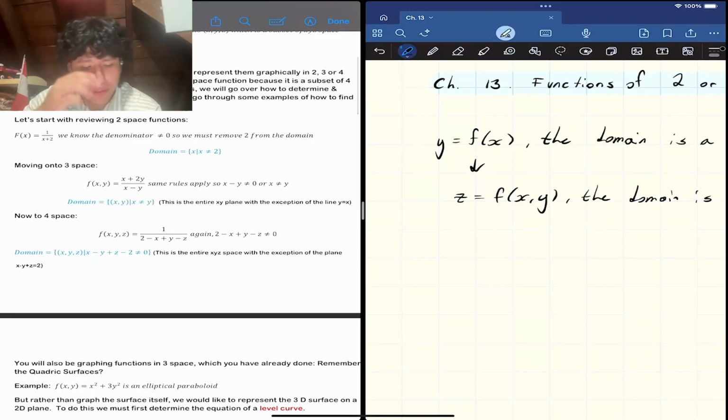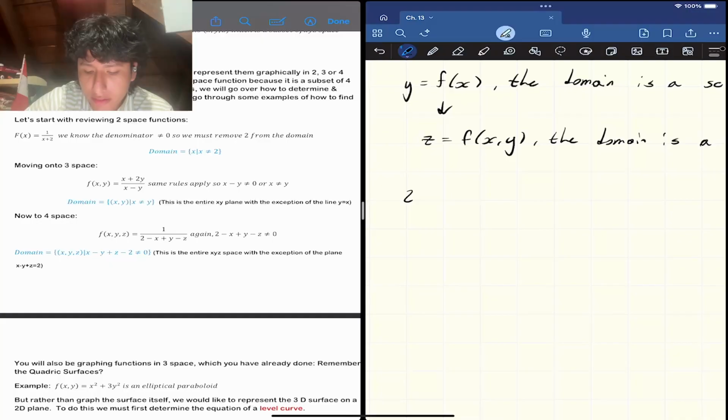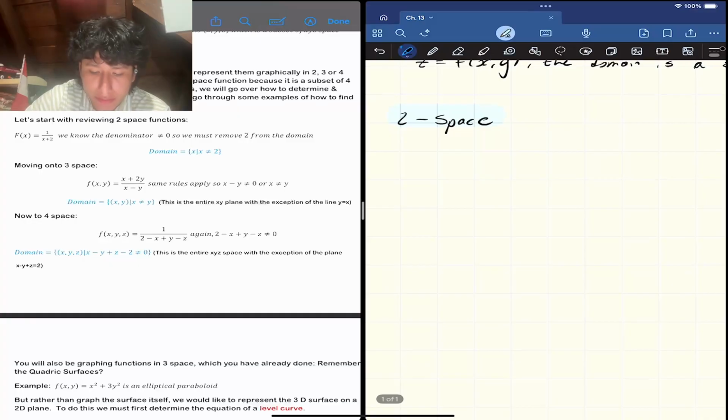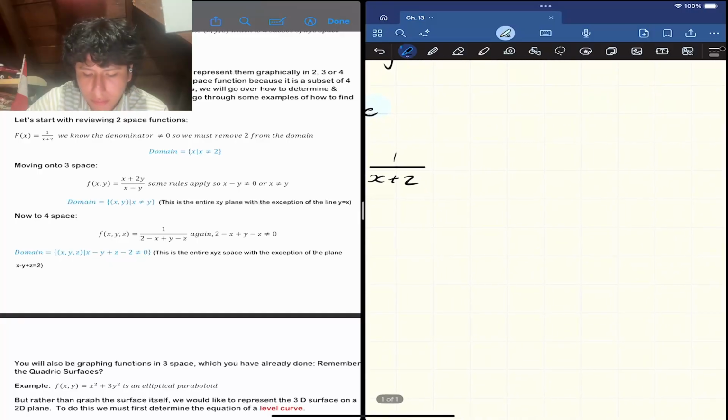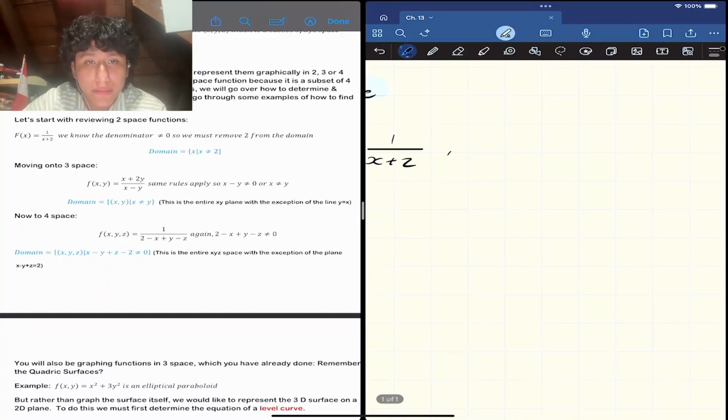First, let's start with reviewing 2-space functions. So I guess this is kind of easy. So this will be like a subtopic. So 2-space. It's going to give us a function: f of x is equal to, in this case, 1 over x plus 2. Obviously, we know that the denominator can't be equal to 0.